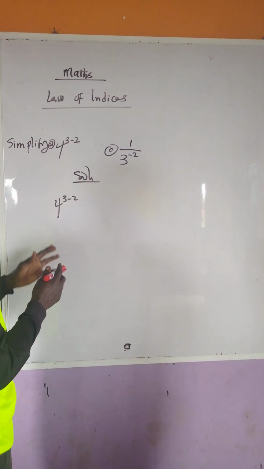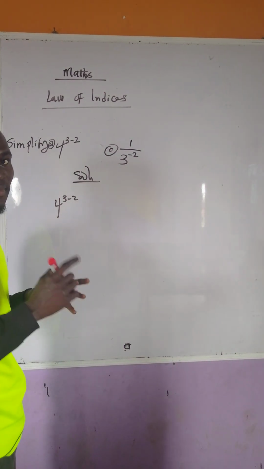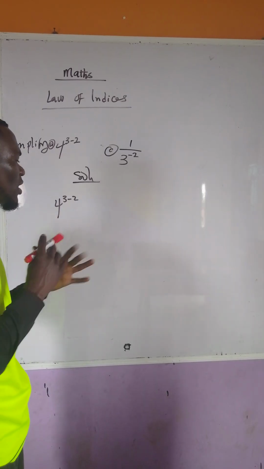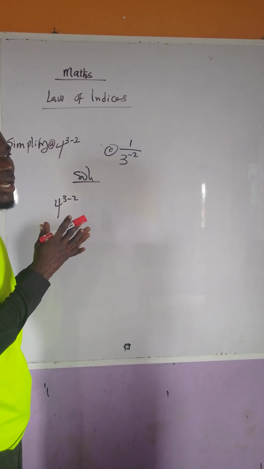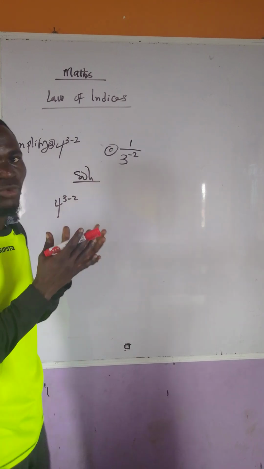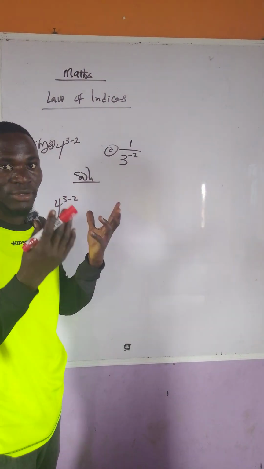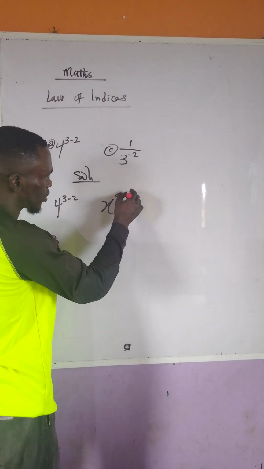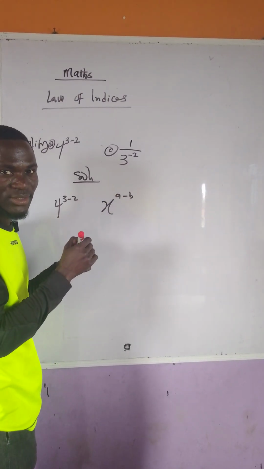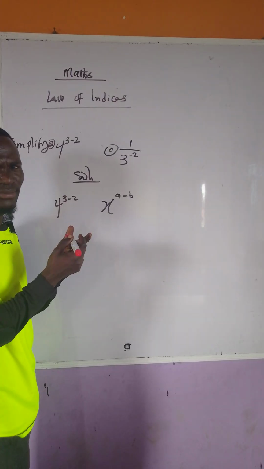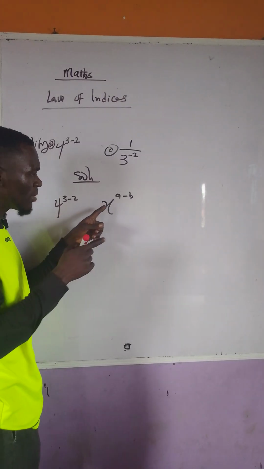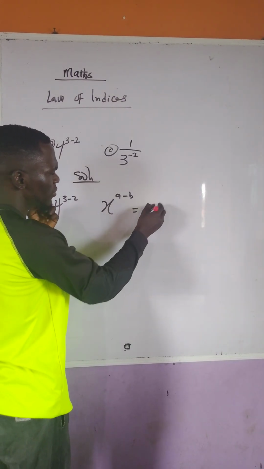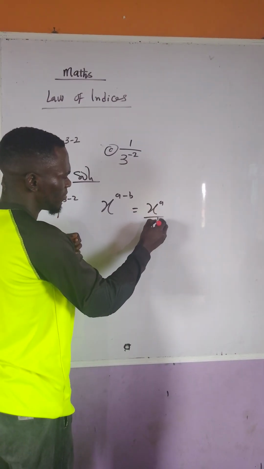When we have to simplify 4 to the power of 3 minus 2, I told you last time that whenever you see a minus between two numbers in this form, say s to the power of a minus b, it simply means s to the power of a over s to the power of b.